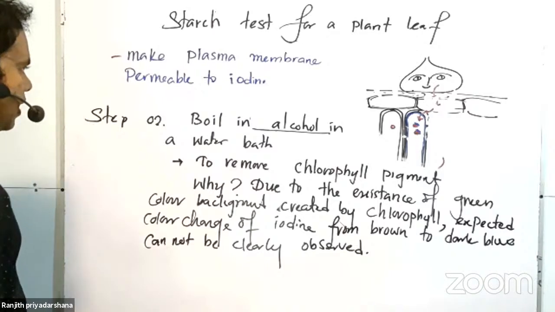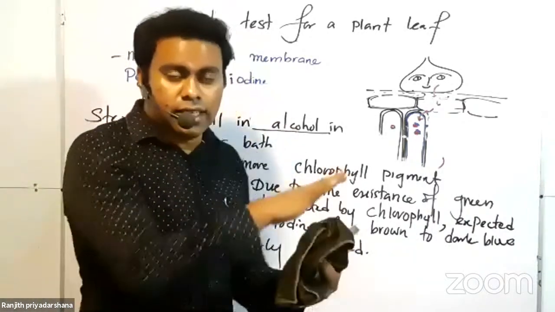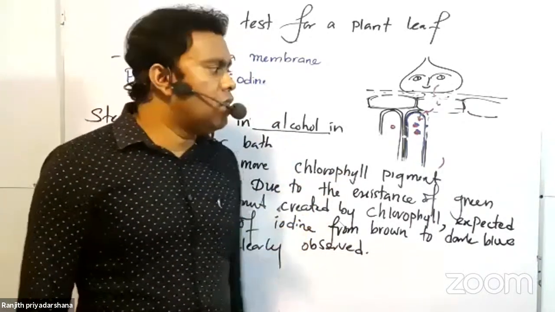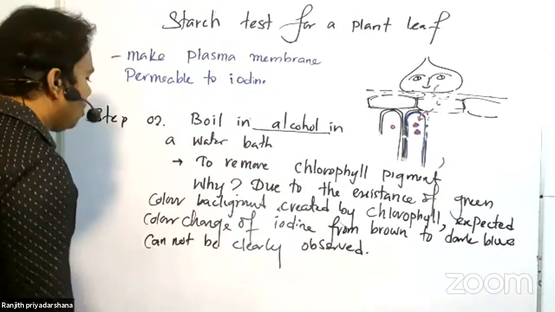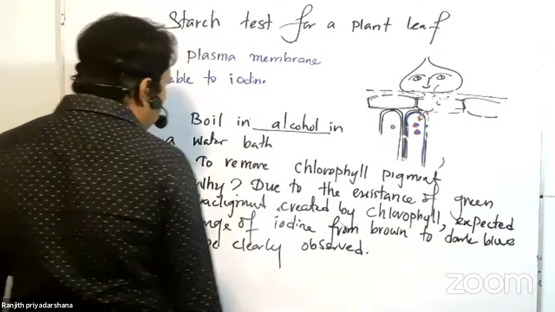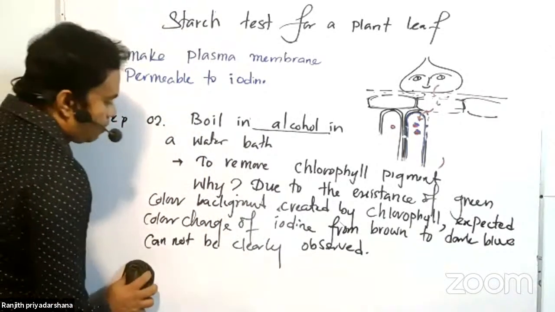Okay, third step, what we do, we take the plant leaf out and keep it on a marble or white color background or tile. Then we add few drops of iodine and observe.